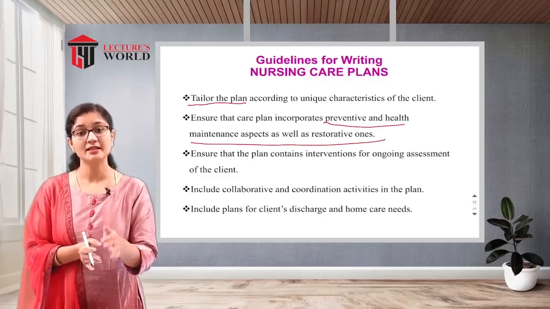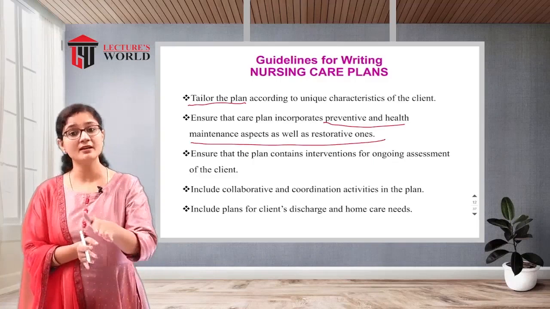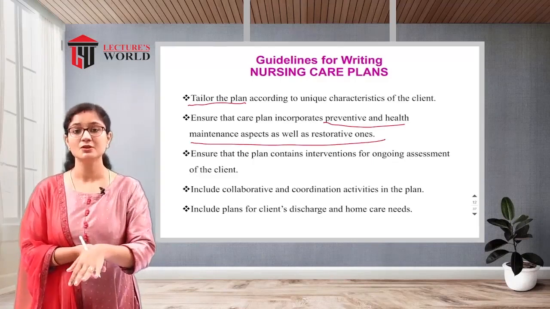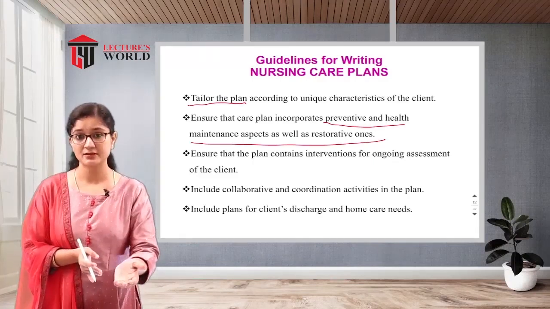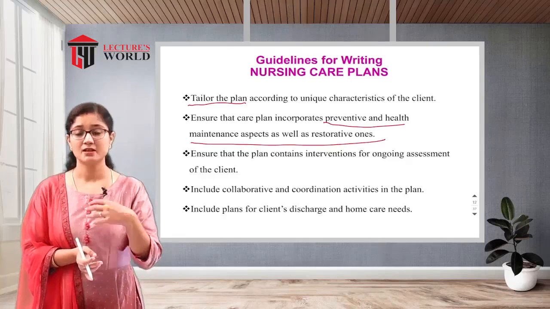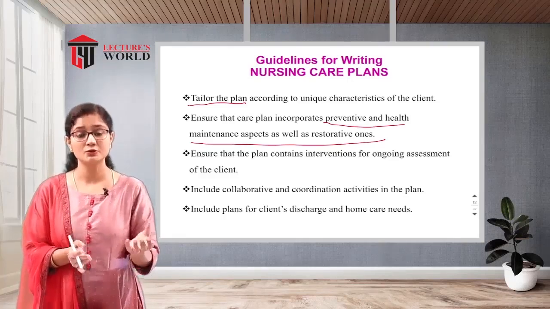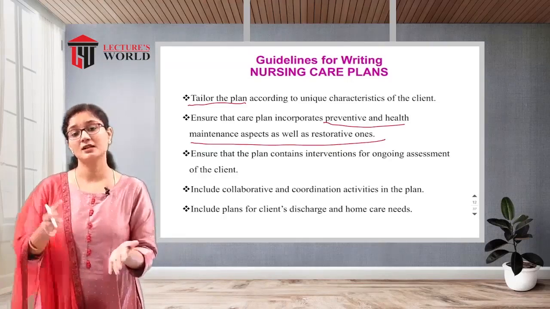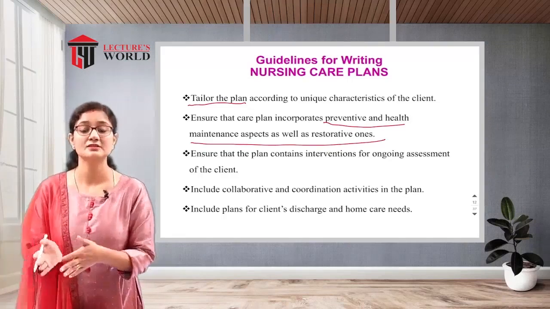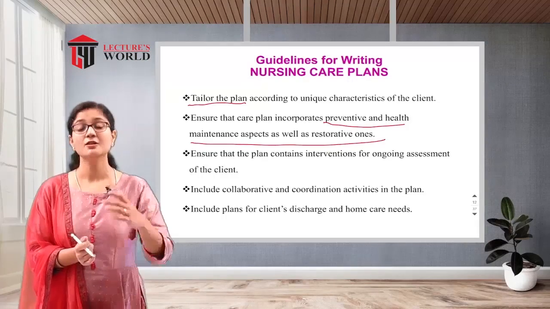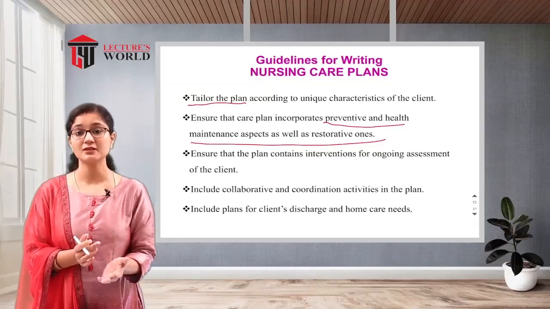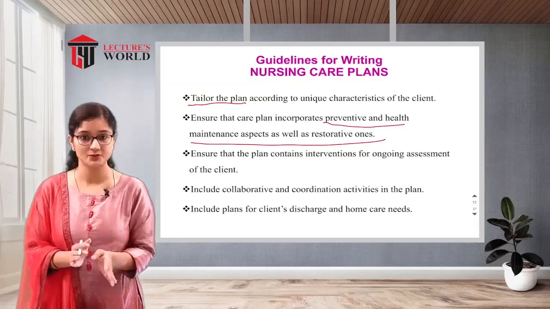Are you understanding? So I can teach him that now with your diabetes, you are at a risk of getting hypertension also. So try to see that, because you are having such a sedentary lifestyle, you're not having control over your food. So please do it, because otherwise you are going to suffer with this. That is called the preventive aspect or health promotion aspect. Okay, so health education is most commonly used over here.